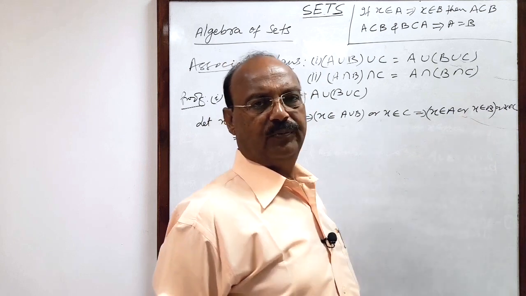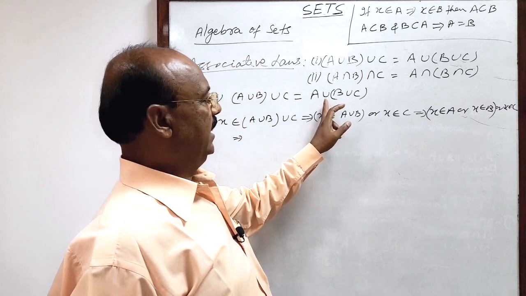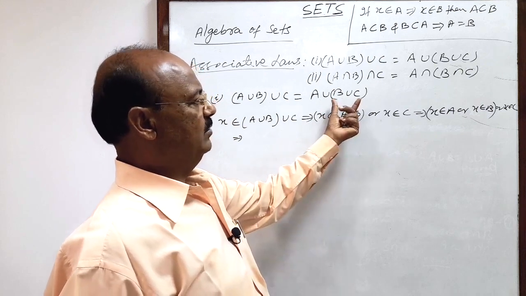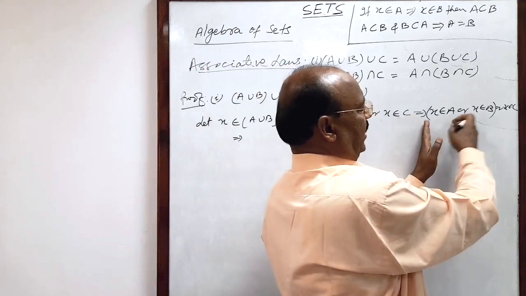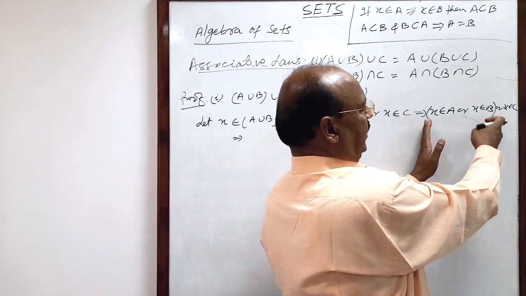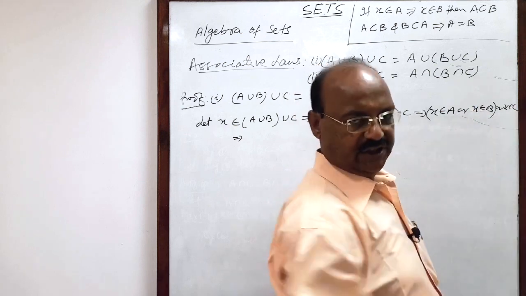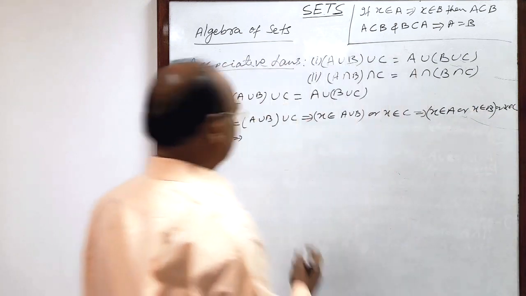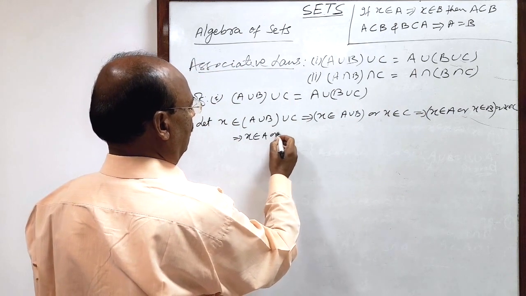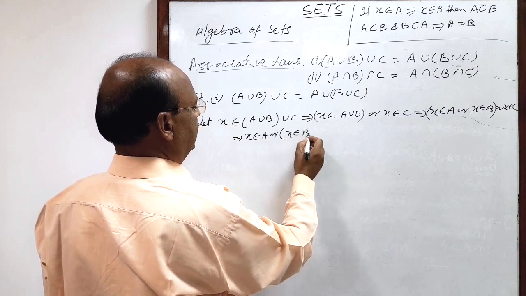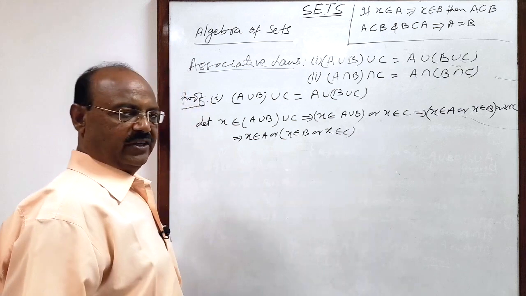Why are we doing so? By looking at the right hand side, B union C is inside a bracket. So instead of keeping the bracket around X belonging to A or X belonging to B, if you shift the bracket from here to here, the statement will not change. So this implies that X belongs to set A or X belongs to set B or X belongs to set C. Hope you understood it.